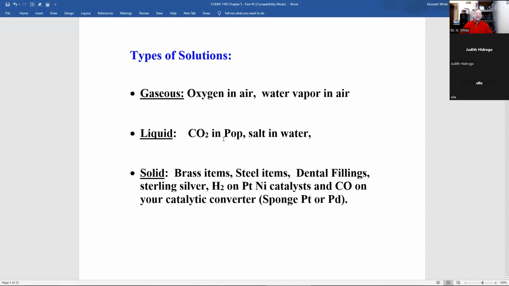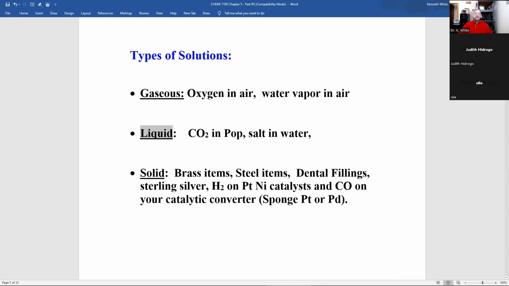All right, now, salt and water would be a solution. Another very complex liquid solution is the gasoline you use for a car. Next time you drive by a gas station, they're selling a very complex mixture. And later in the semester, I will talk about gasoline when we get into organic chemistry.